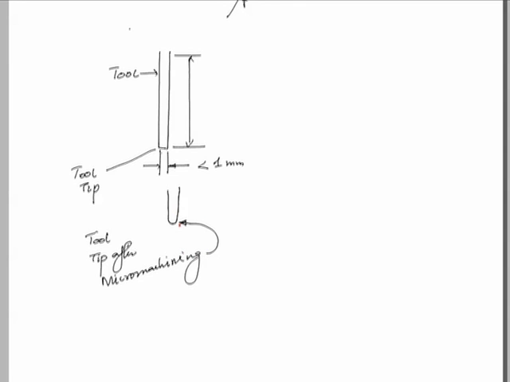Now, if the tool tip becomes like this, then the feature produced in the corresponding workpiece will also be something like this instead of a straight cylindrical hole, which should have been otherwise like this.